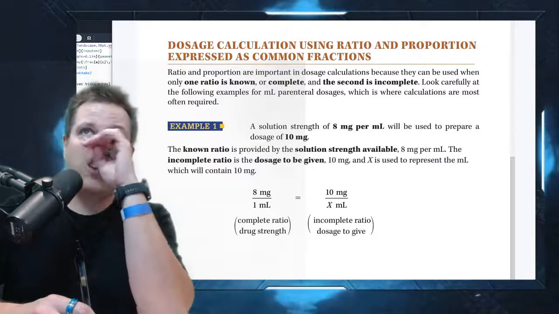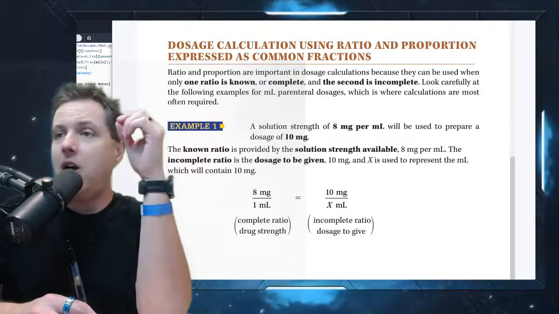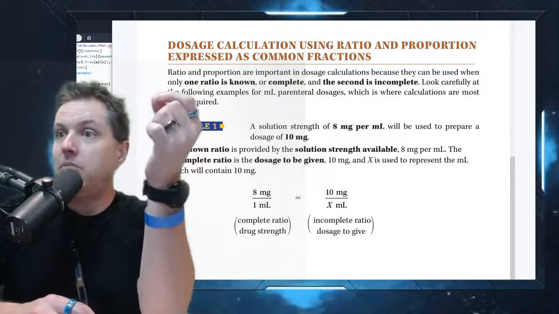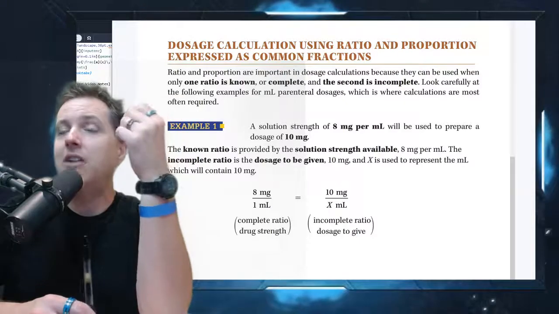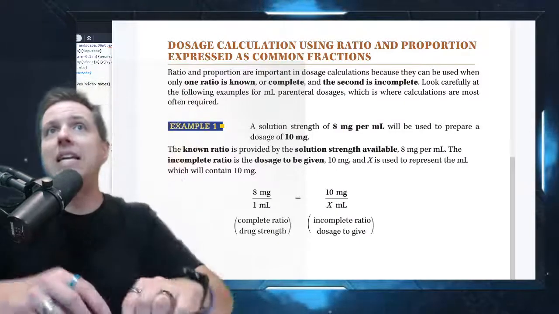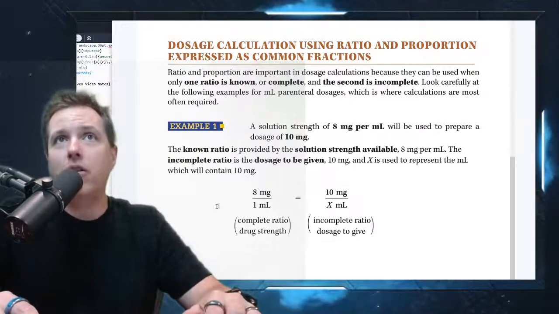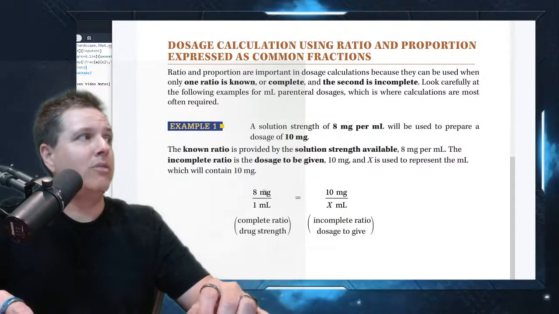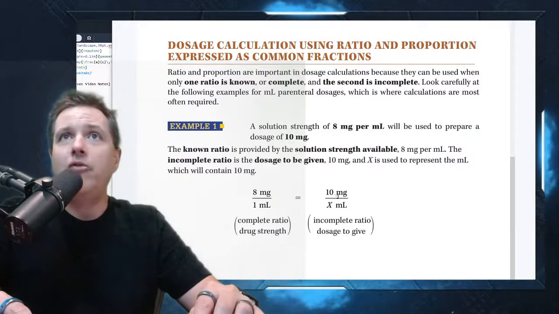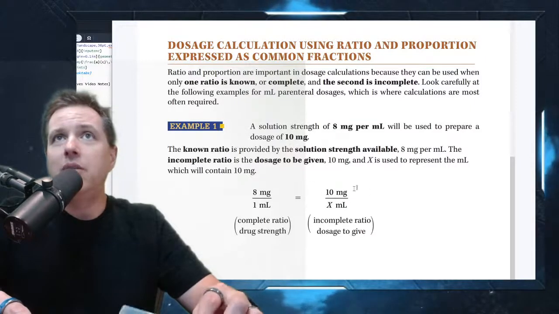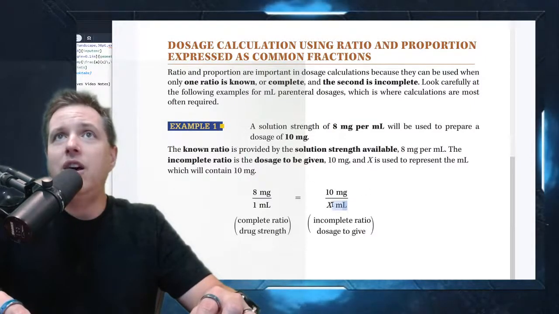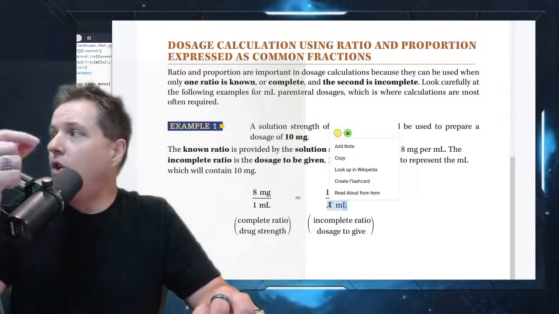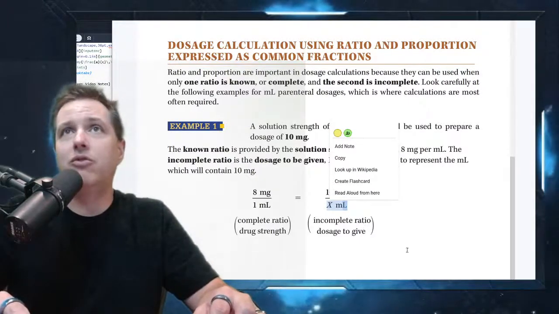So you have to figure out, well, how much am I supposed to administer in order to make sure that they got the 10 milligrams that they need? So you have the known part, 8 milligrams to 1 milliliter. That's probably written on the bottle, right? You have your order that you're supposed to be administering 10 milligrams. The unknown that you have is the volume that you should be administering, right?